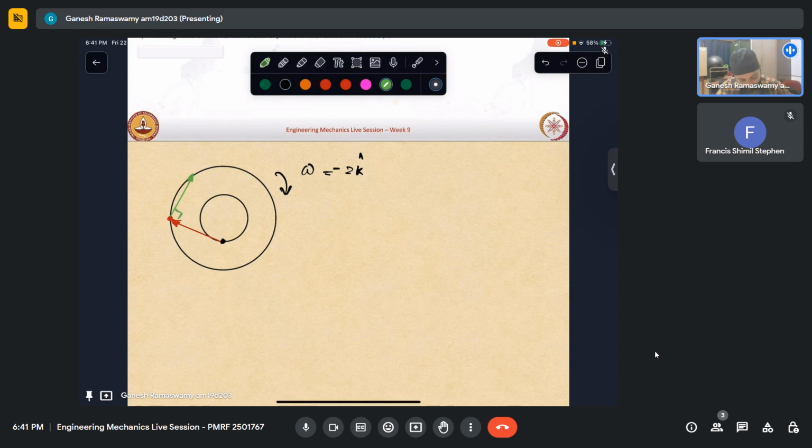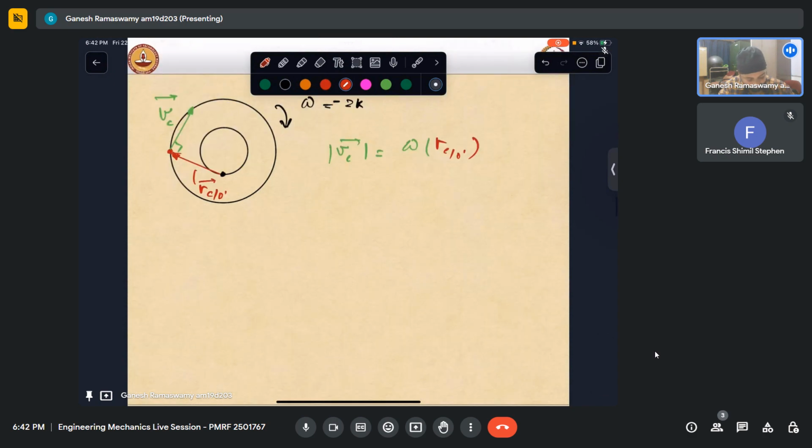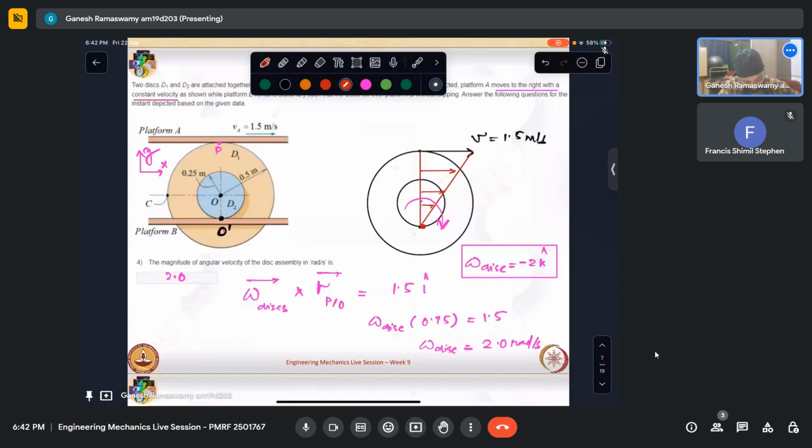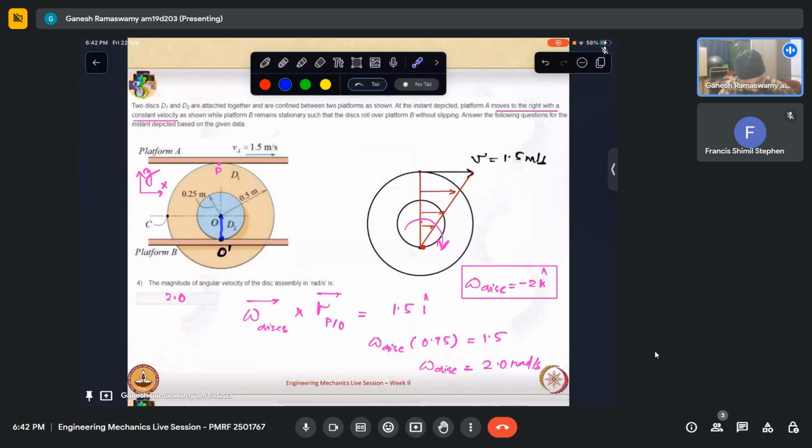So what will be the magnitude of this? This is Vc. The magnitude of Vc is nothing but omega of this assembly into R of C with respect to O prime, taking note that O prime is the ICR. Now do we know R of C with respect to O prime here? In this question, we know this distance is 0.25 and this distance is 0.5.